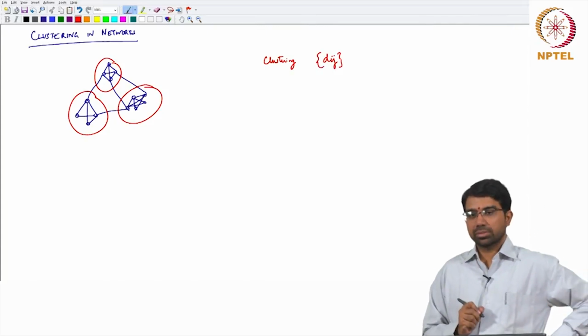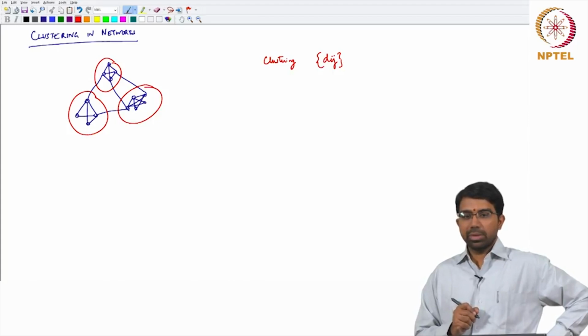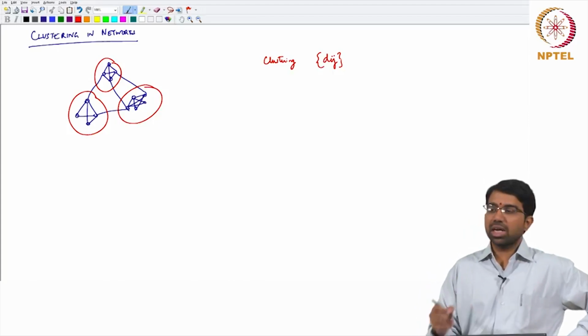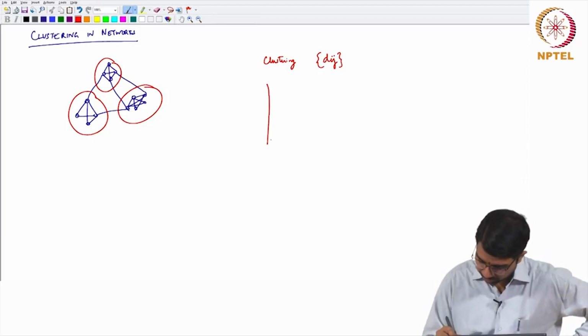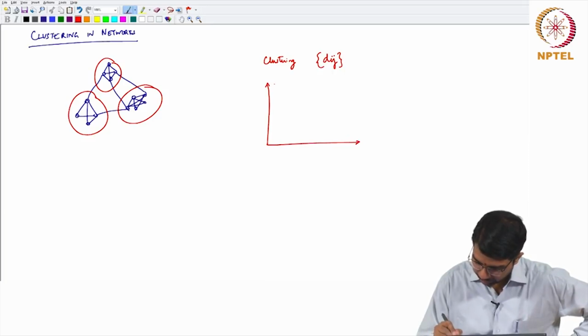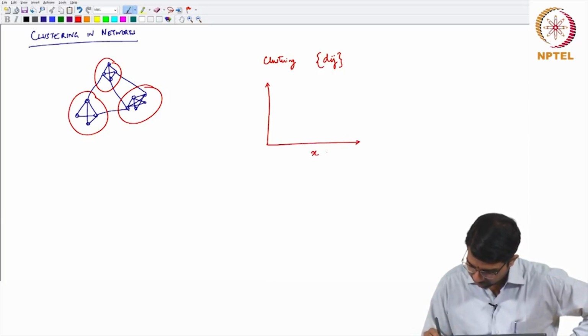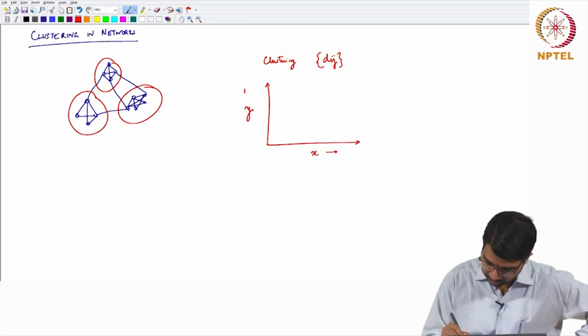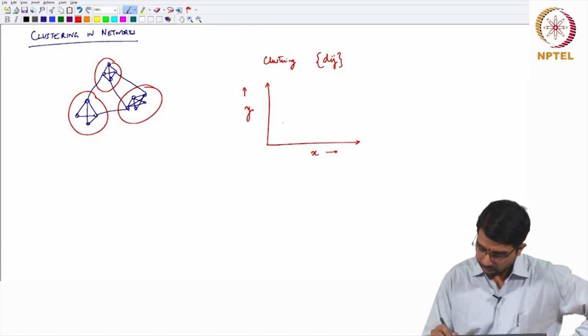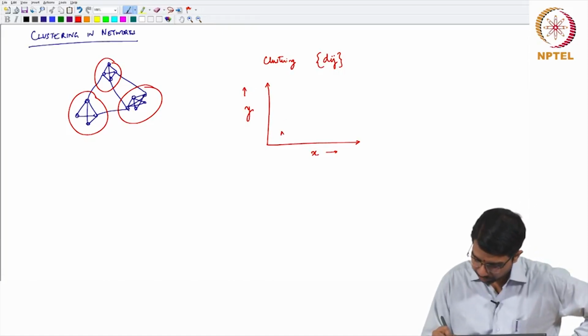distance matrix. You have a matrix of distances and based on that matrix you try to identify which nodes are closer to one another and so on. So, let us take a very simple example. Let us say you have some x and some y and you have different data points.